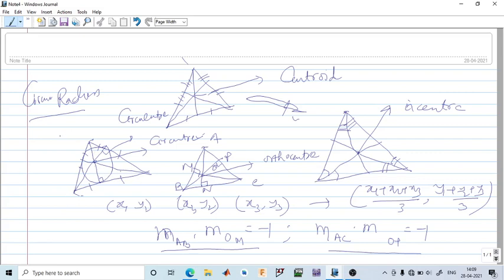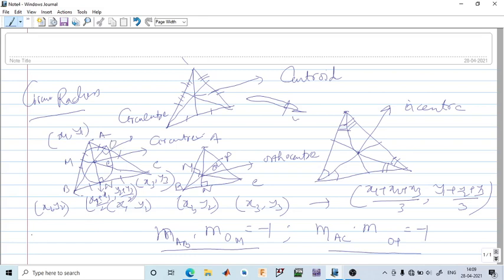That means if this one is x1 y1, this one is x2 y2, and this one is x3 y3, suppose this is point C. So in this condition, suppose this is A B C M N O, right?